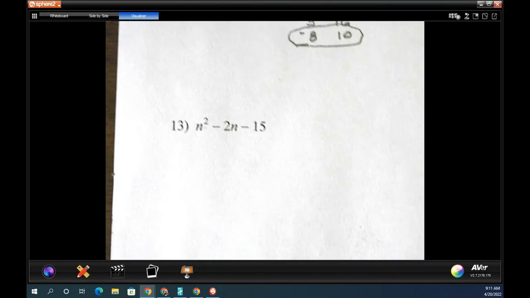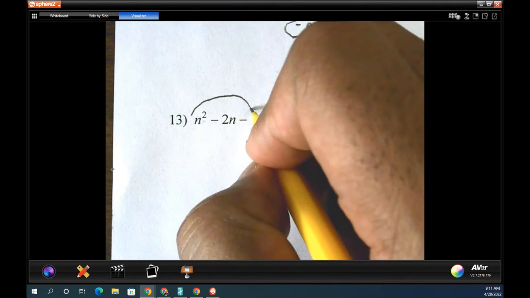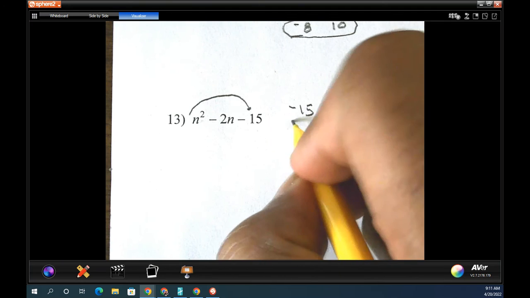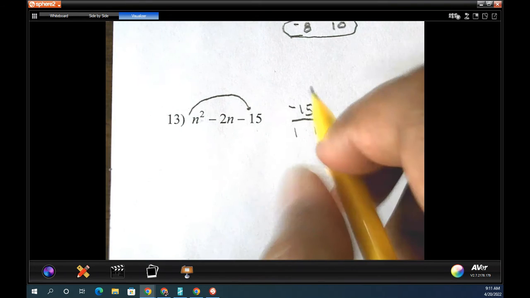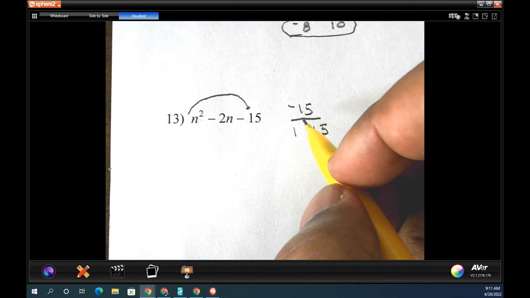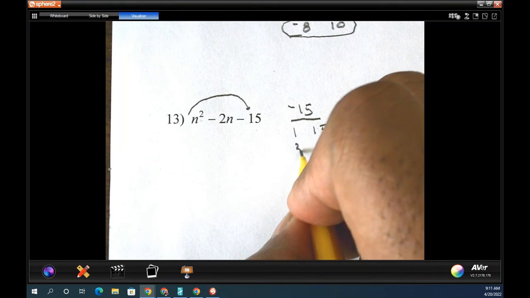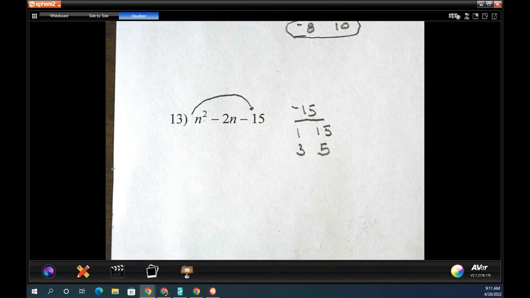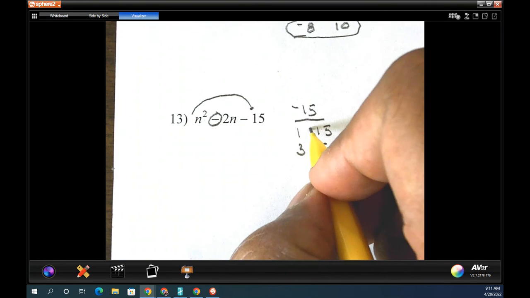All right. Let's look at 13. This is 1 times negative 15, which is negative 15. Start with 1 and 15. Remember, when you put in your calculator, do not put it in as negative. It will mess it up. Now, here we go. 3 and 5. And that's it. Now, this sign tells you that the larger factors are going to be negative.